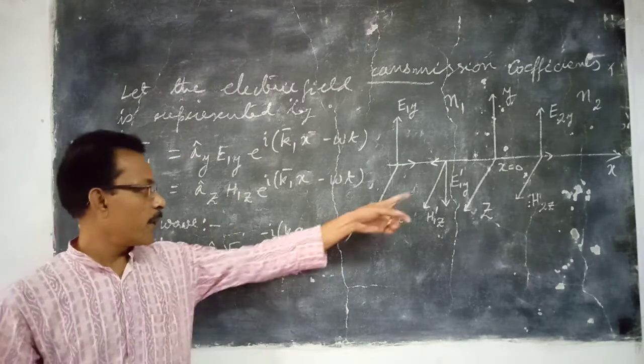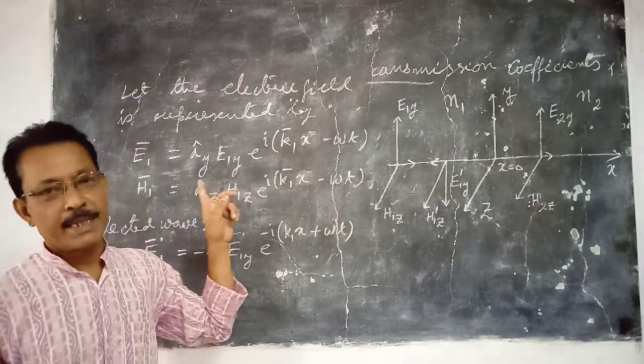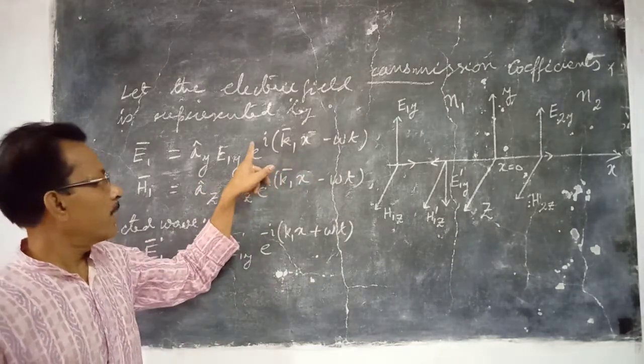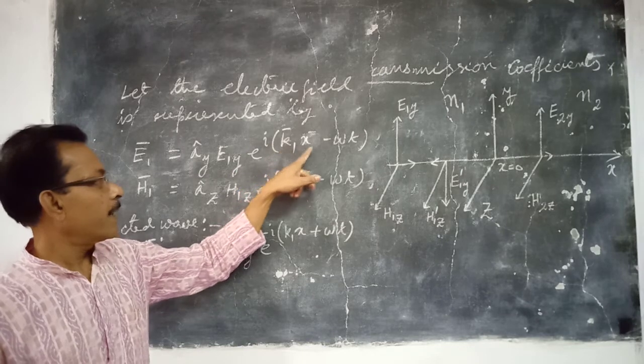Now because this wave is traveling along the minus x-axis, x becomes minus x, so you get e to the power minus ik1x plus omega t.